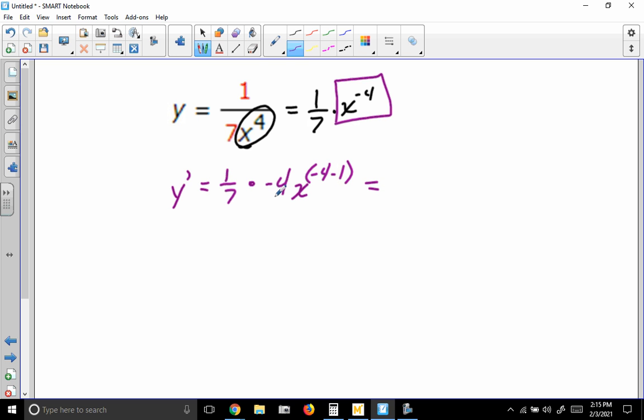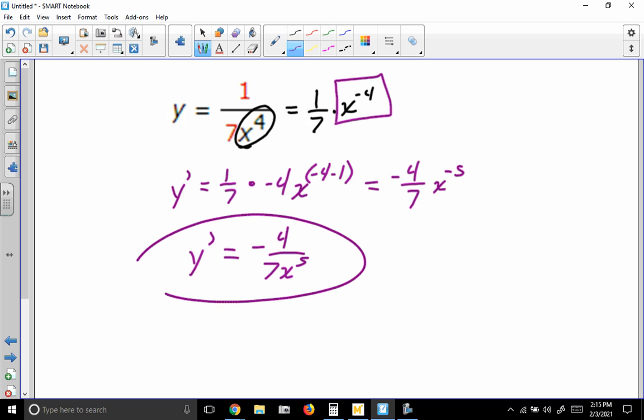This would give us a -4 on top, a 7 on bottom, and that's x to the -4 minus 1, which is -5. Let's get rid of that negative exponent, so let's move that back to the denominator, and that'll be x to the 5th on bottom. So that'll be taking the derivative there.